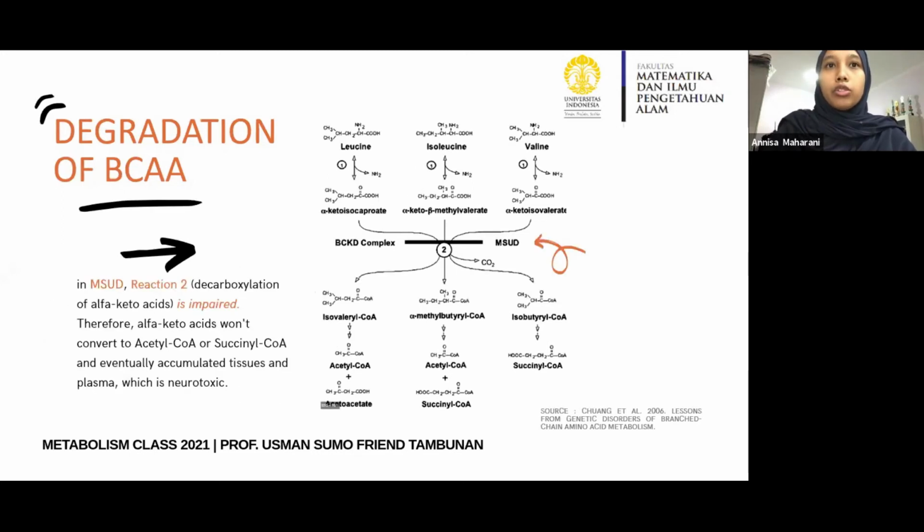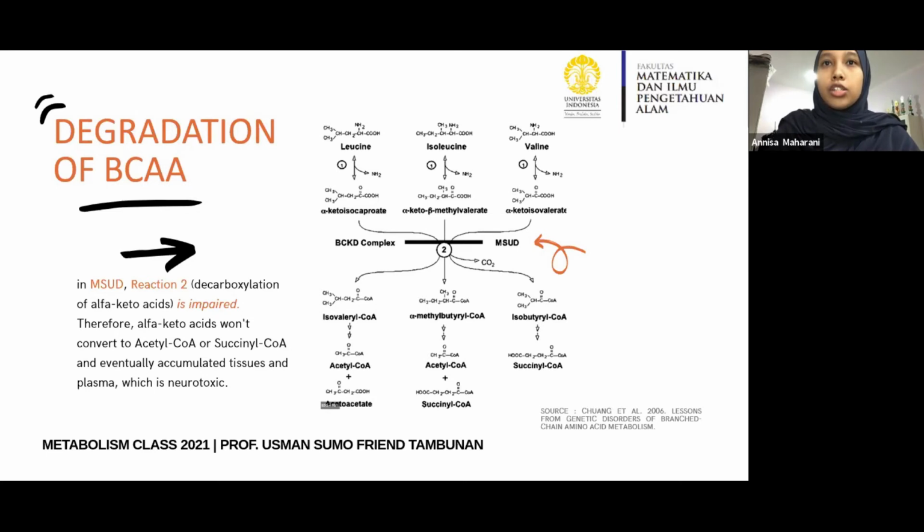So what happens to this breakdown process if you develop maple syrup urine disease? Here's what happens. Look at the orange arrow next to the number 2 in the picture. Your condition will block the second reaction from happening; reaction 2 in your body is impaired because of a deficiency of the BCKD enzyme.